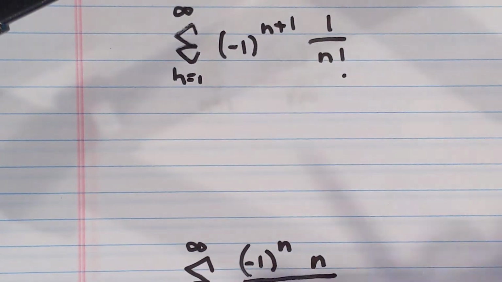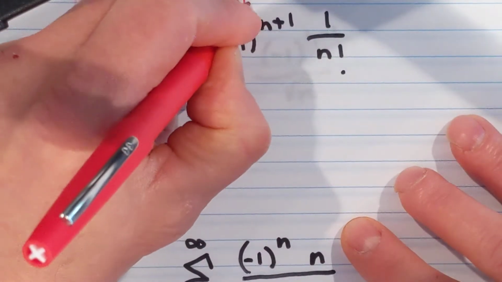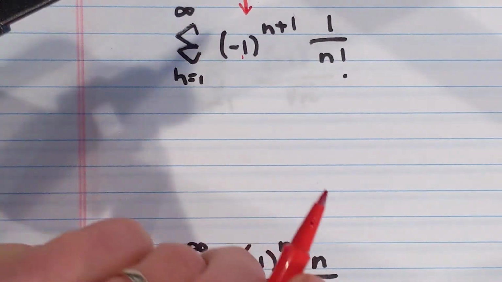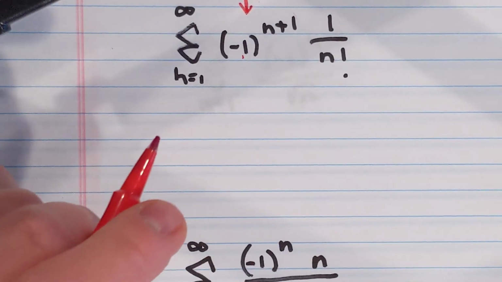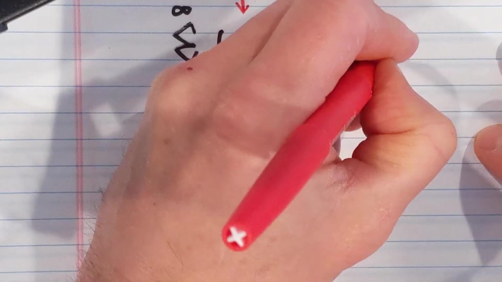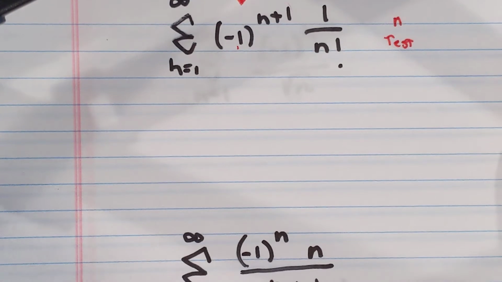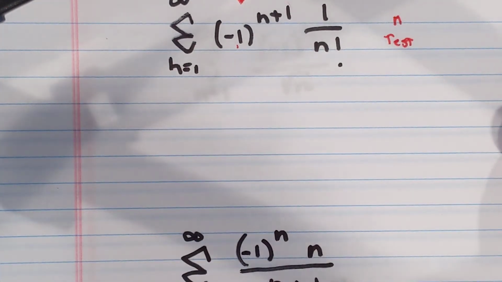See, right away, I recognize this. Even though right here it says n+1, because this is -1, it's going to be alternating. So I have the first component. The second thing, I'm going to do this quickly, nth test. Now I need the nth test to equal 0 here.